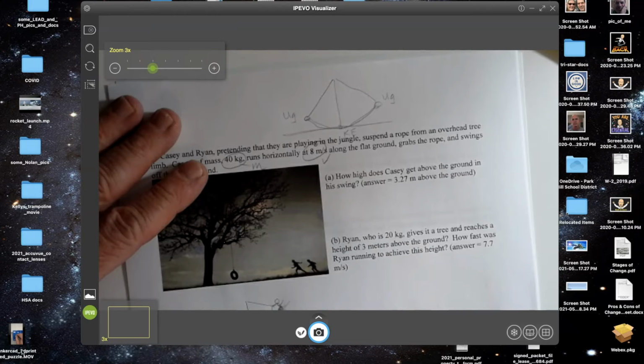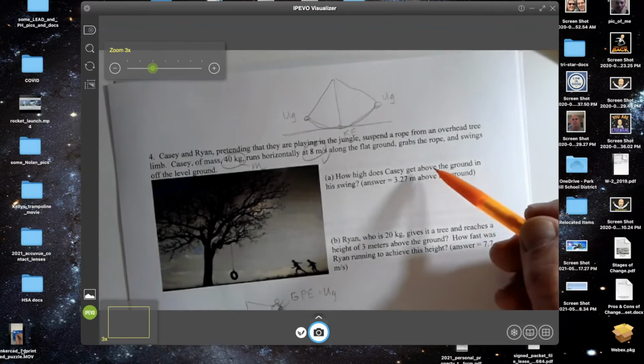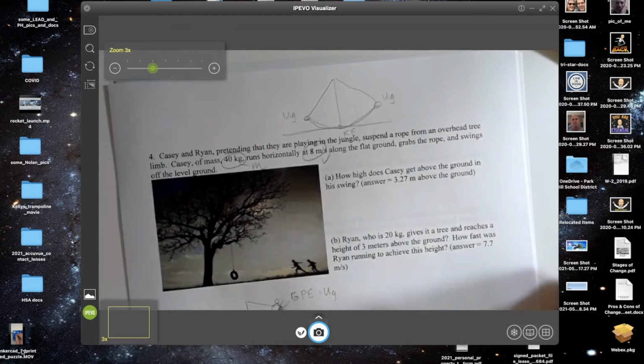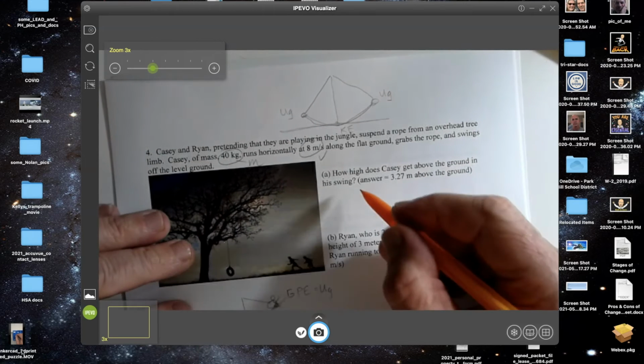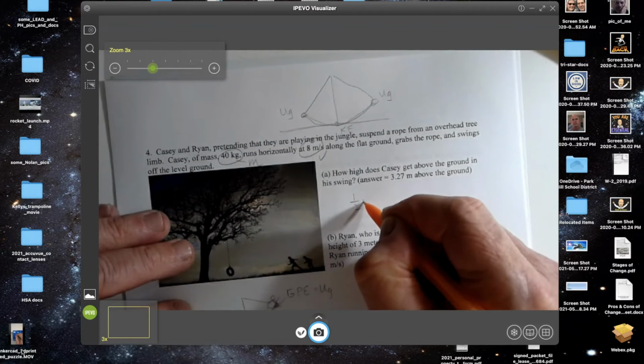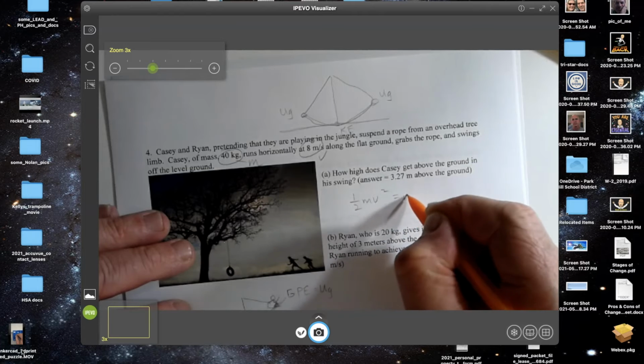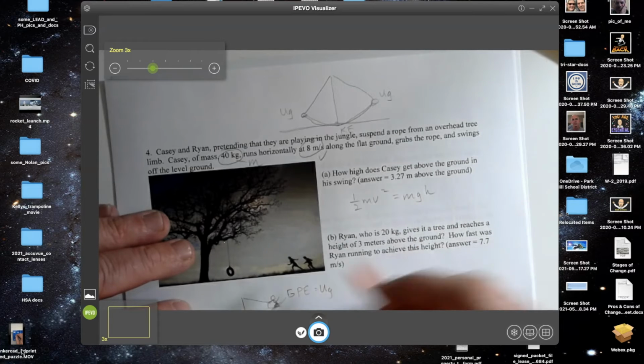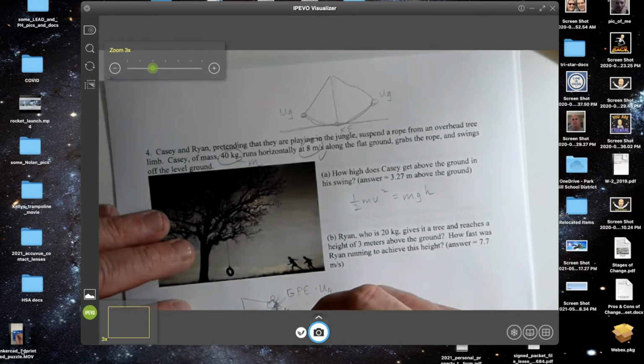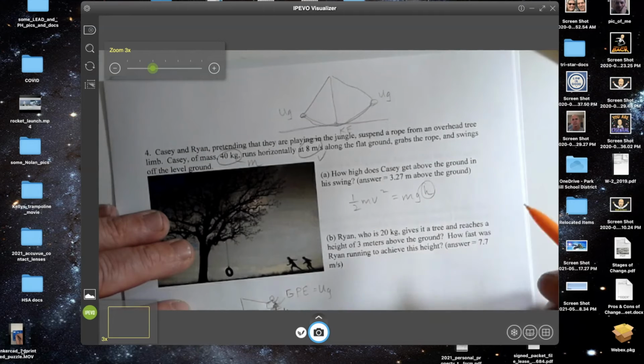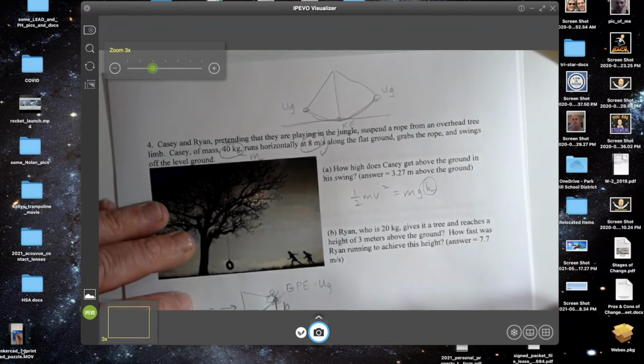So all we have initially is KE, and then in the second position we're just going to have GPE, or U sub G. We want to get how high Casey gets above the ground. So we would have a kinetic energy, 1/2 mv squared, going to potential energy. And we'd like to figure out this height here. There's our unknown right there.